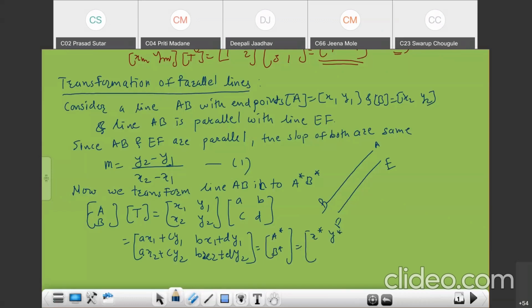You can call it an asterisk; actually it is known as the asterisk symbol. So that is our second equation, where we transform the line AB into AB star.